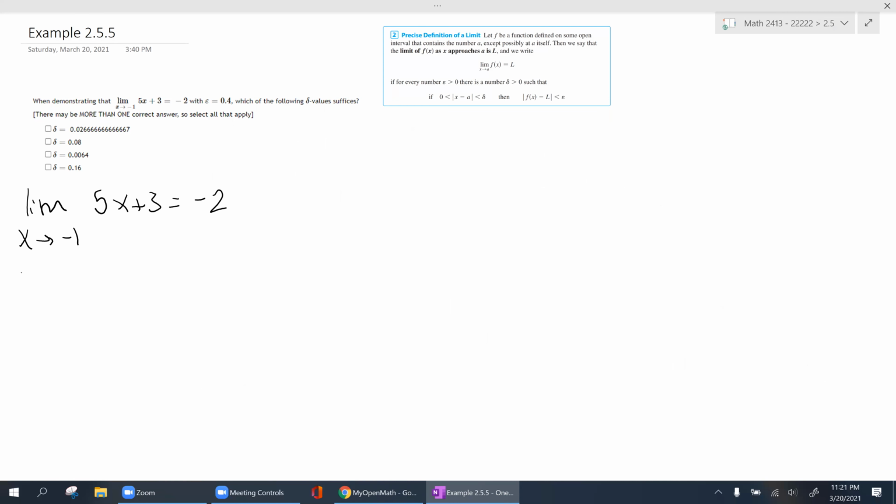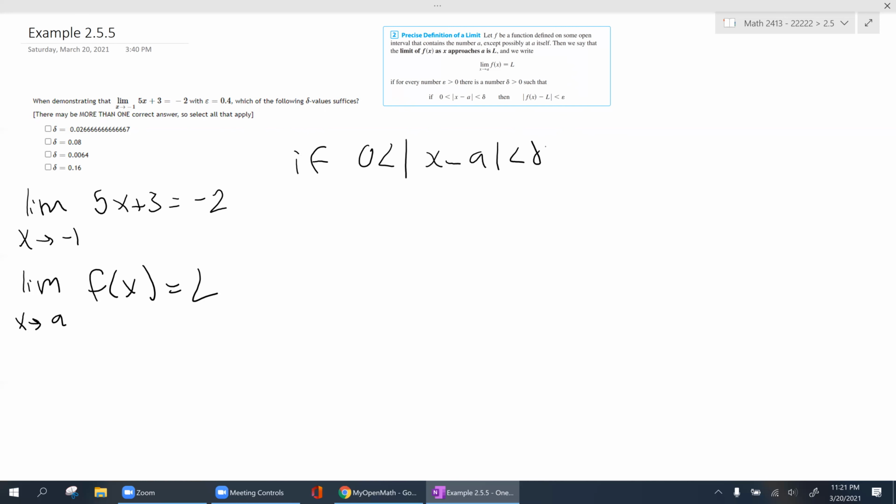I know that this is the limit as x approaches a of a function is equal to the limit. And following the precise definition of the limit, I know that this is if this, then that.